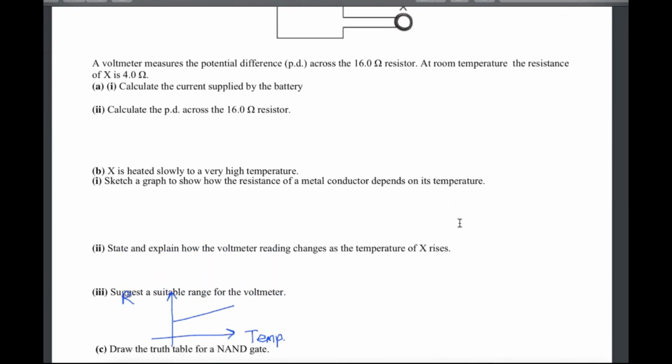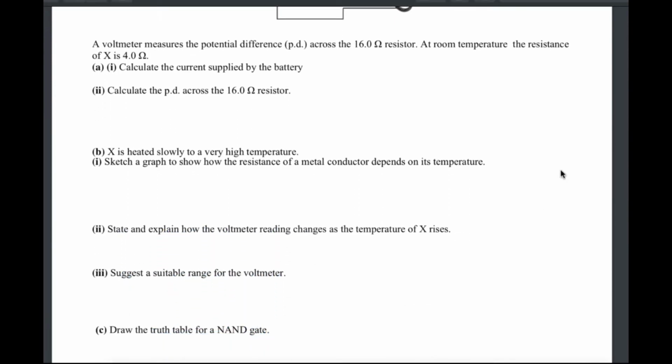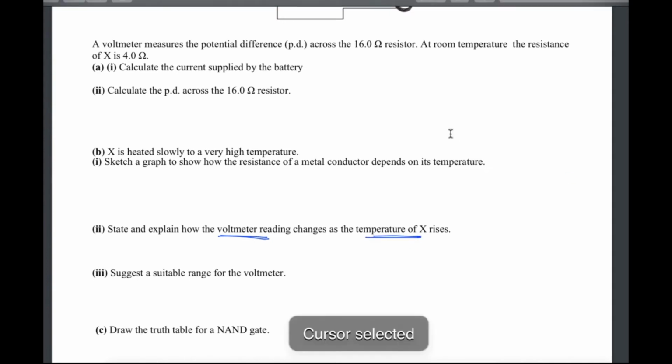Next one, state and explain how the voltmeter reading changes as temperature of X rises. So they're asking how the voltmeter reading will change if the temperature increases. Okay, let's go and see.